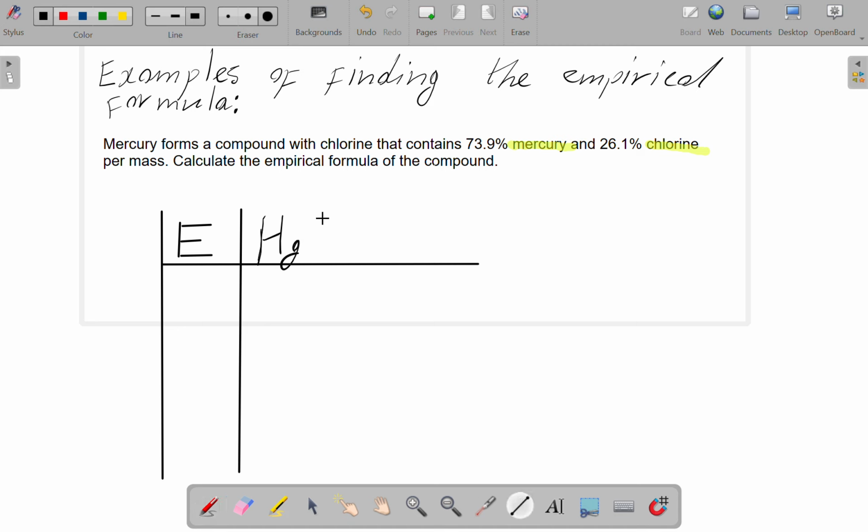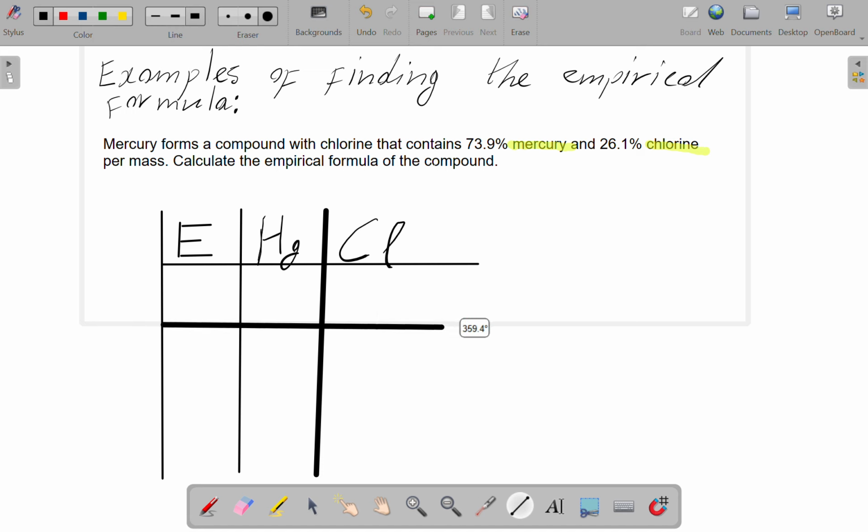And then I will have another column. That column will be the column of chlorine. So I will write the symbol of chlorine, which is Cl. And then I will go to my second row. On my second row, I'm going to have the mass.